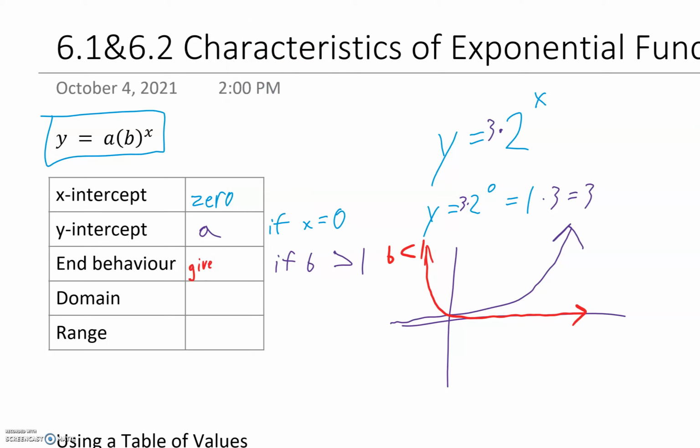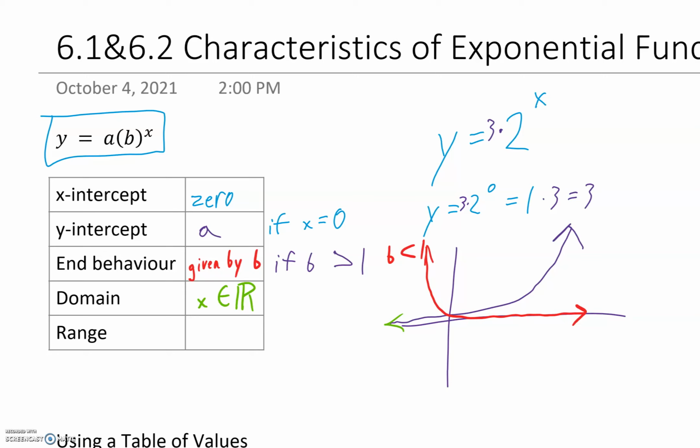Okay, the domain is always going to be the same, which is that x could be any real number, because you can imagine that our arrows are going to infinity in both directions for the purple and the red graph here.